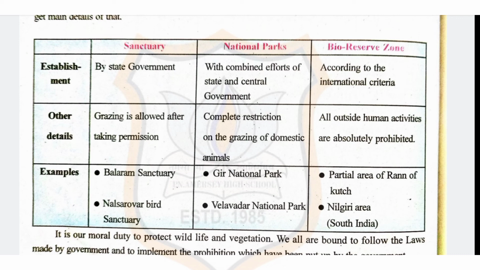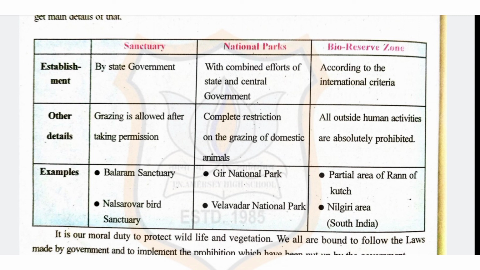Next is other details. Sanctuaries, grazing is allowed after taking permission. And in national parks, complete restriction on the grazing of domestic animals. In bioreserve zone, all outside human activities are absolutely prohibited.